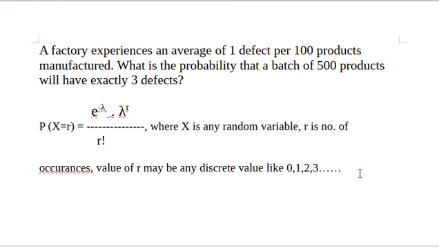Here the average is one defect, so lambda is not 1, because that is for 100 products, and I need the batch of 500 products that will have exactly 3 defects.